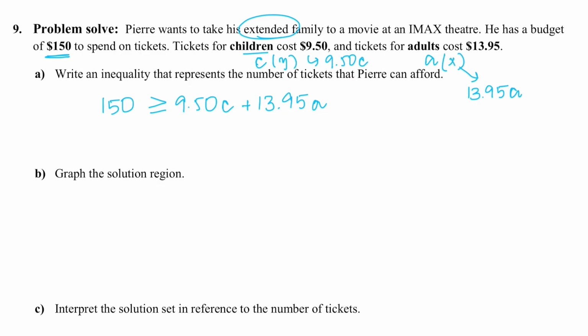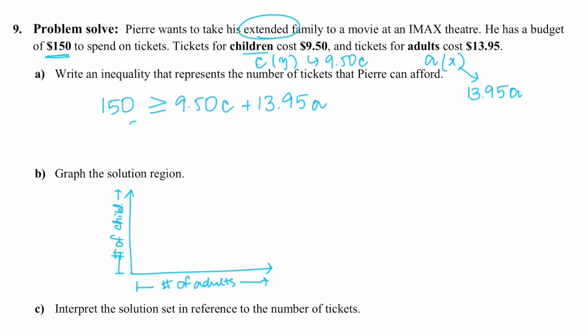You can take either, it doesn't matter. That means you'll have A, the number of adults, on the x-axis, and the number of kids or children on the y-axis.